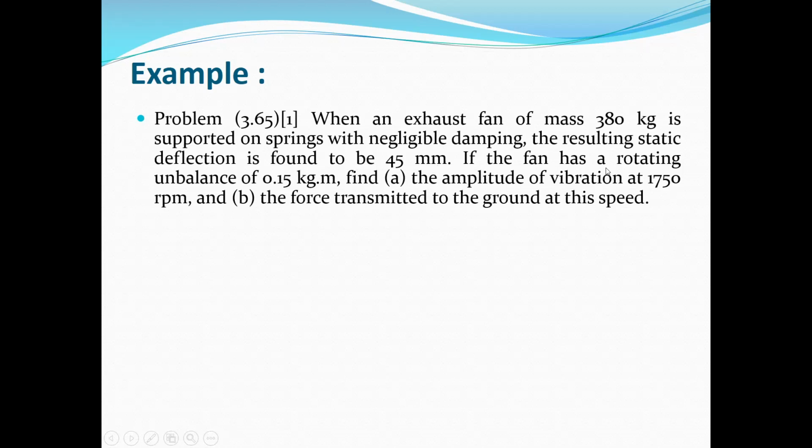If the fan has a rotating unbalance of 0.15 kg·m, find the amplitude of vibration at 1750 RPM, and part B, the force transmitted to the ground at this speed.